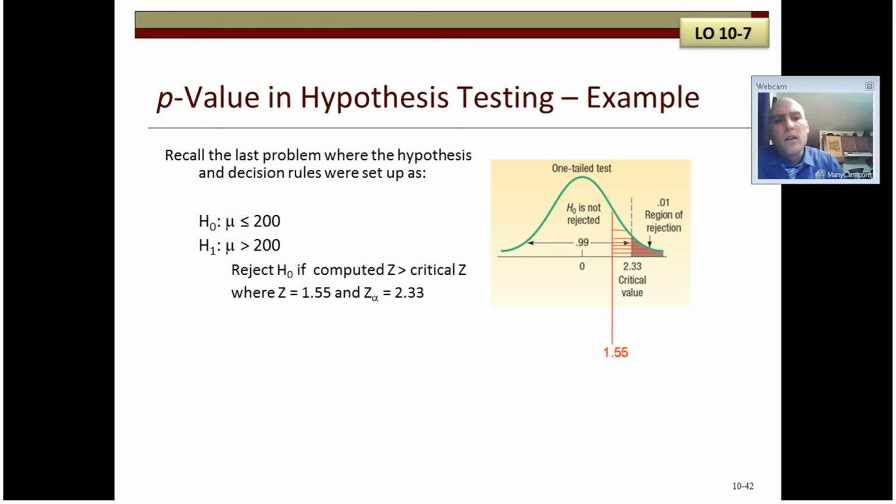However, the test statistic 1.55 creates its own little tail here, marked with those red lines. The area in the tail right here, that's the region of rejection. The region of rejection establishes the critical value. My test statistic cuts off an area in the tail as well.